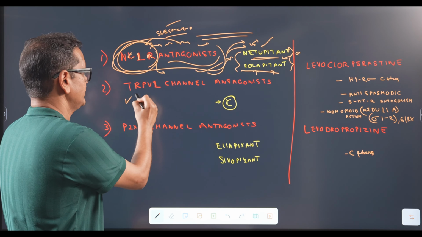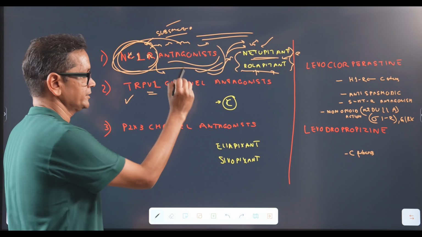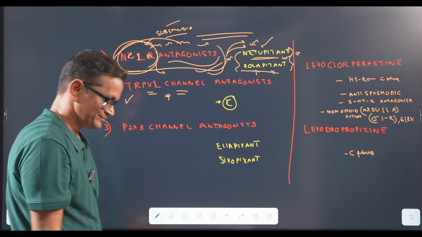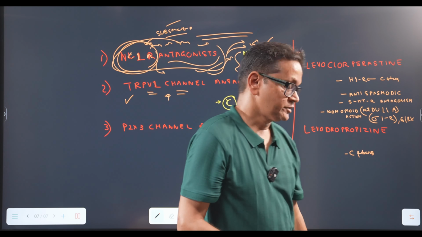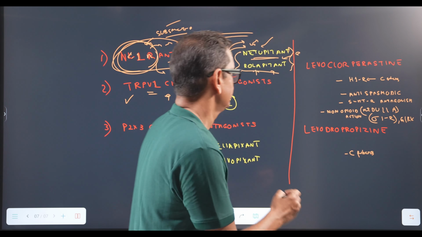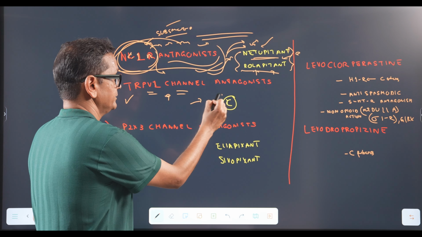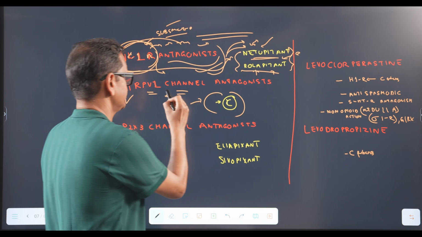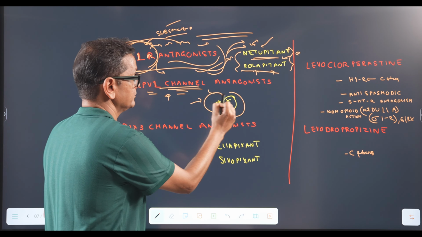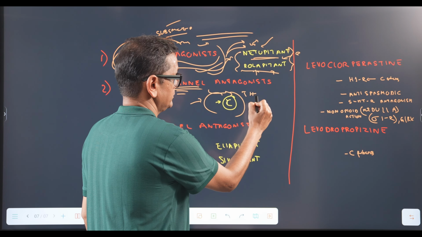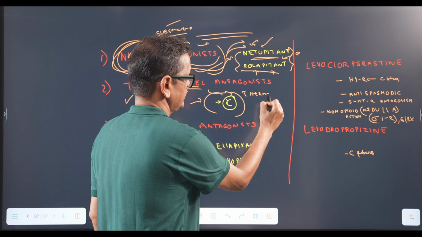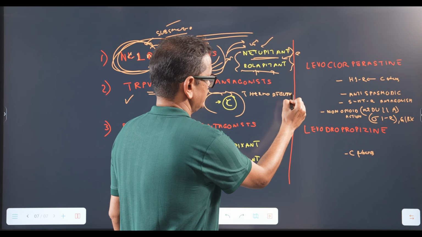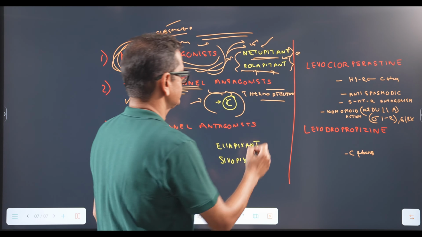Second one is the TRPV1 channel that we had discussed earlier. This is the peripheral channel for our substance P. Our scientists have tried various agents, but unfortunately this TRPV1 channel is also related with body thermoregulation, meaning control of our body temperature by dissipation, those kinds of things.